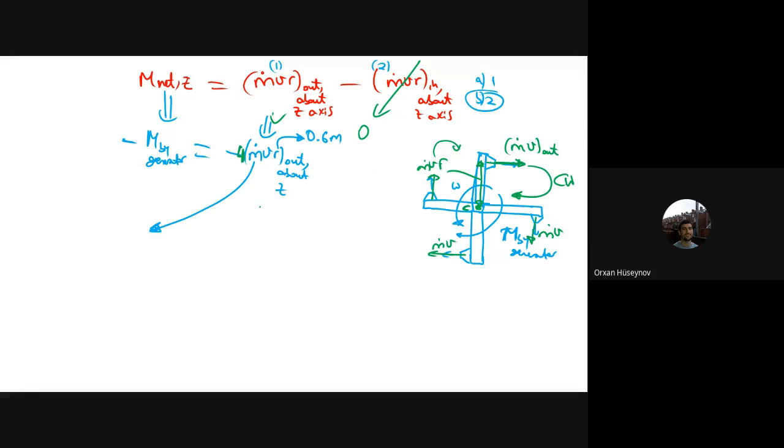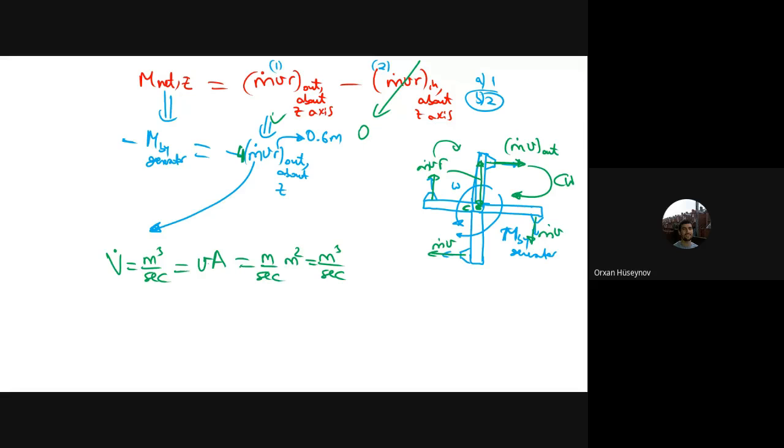And the question says that there is 20 liters per second. That is V dot, which is meter cubed per second. That one is velocity times area. If you look at the units, velocity has a unit of meters per second, area has a unit of meters squared, and that gives meter cubed per second.